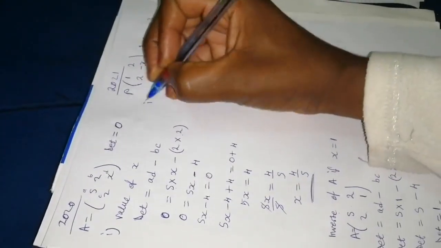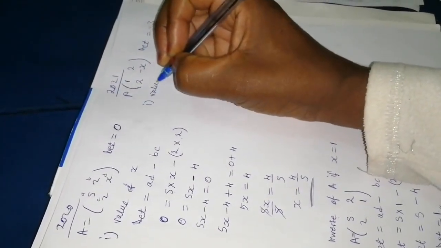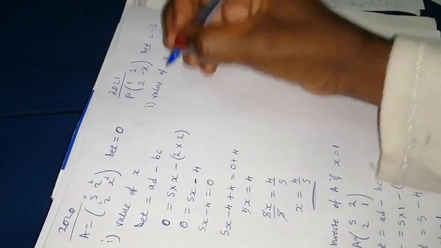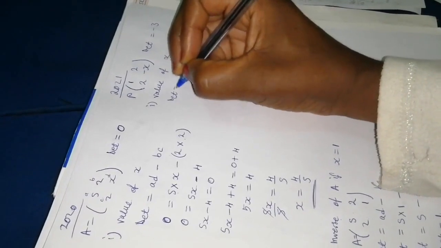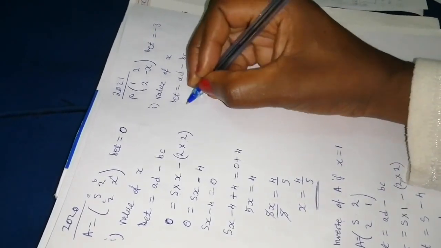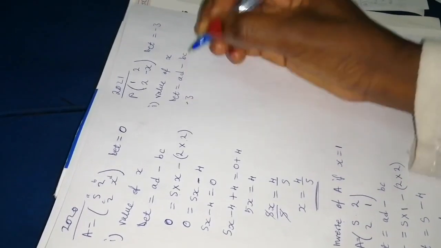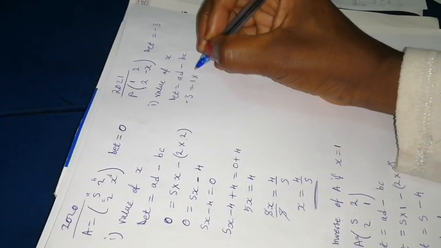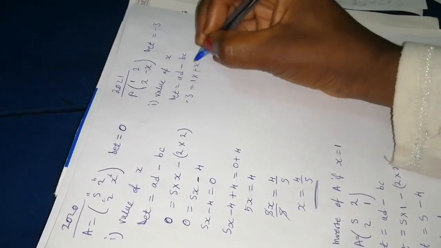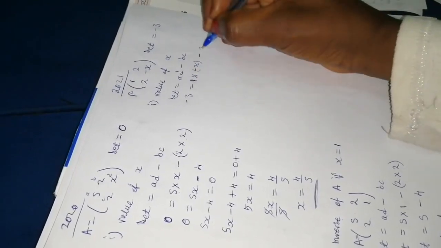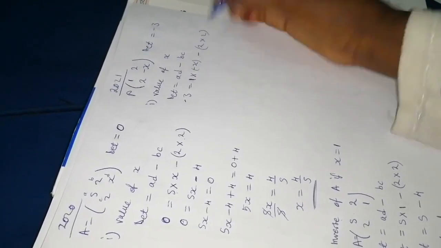Question 1, we need to find the value of x. So the usual formula, determinant equals AD minus BC. Determinant in this case is -3 because A is 1, D is -x. So it's 1 times -x minus 2 times 2.